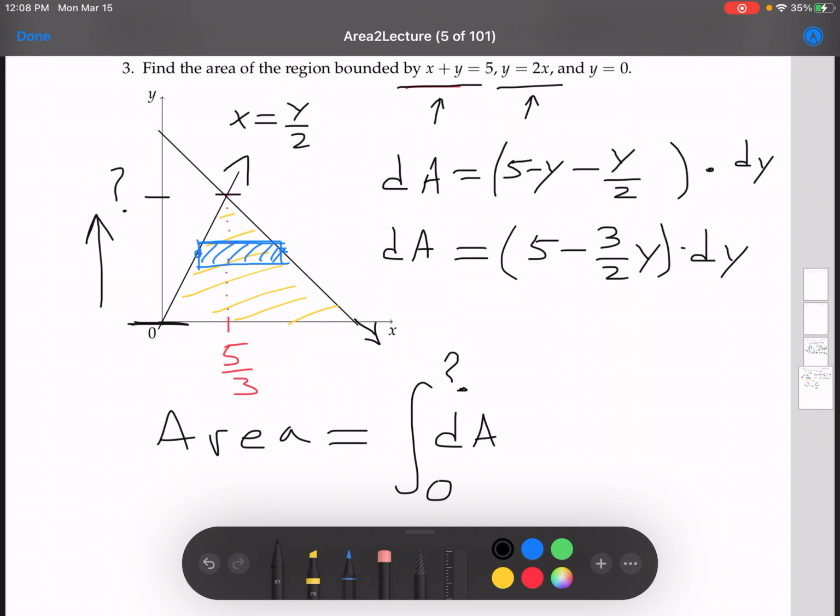So if the x value is 5/3, then the y value is 2 times 5/3. So I'm just plugging it into this function here. So that's 10/3.